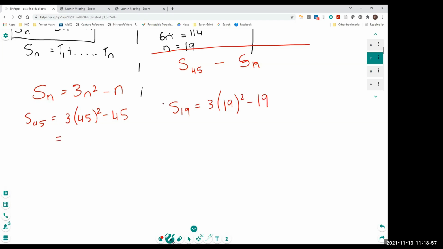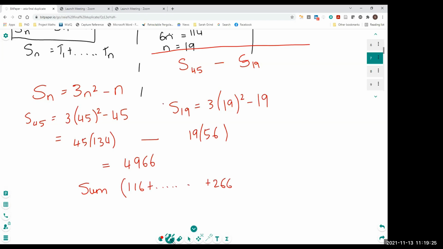And that is equal to 45 times 134 minus, this one is 19 times 56. And that is 4966. So the sum of 116 plus dot dot dot up to plus 266, the sum of those is equal to 4966. But they didn't give you a straightforward sum of terms question there.